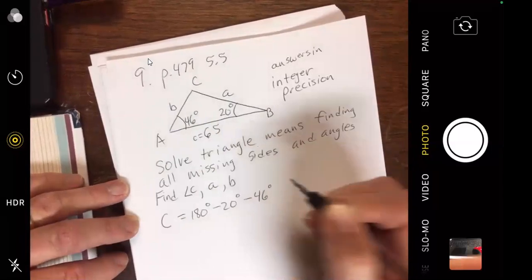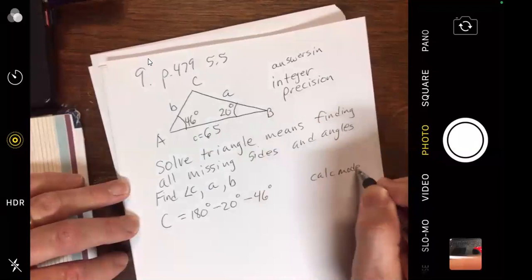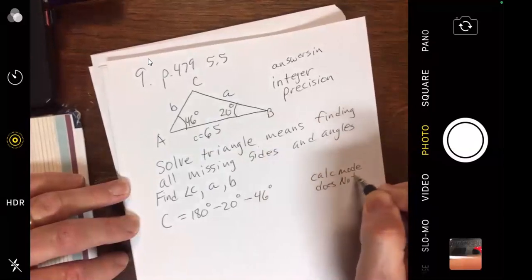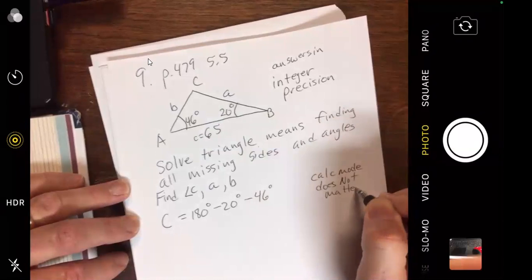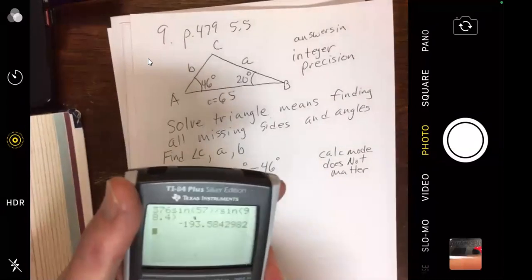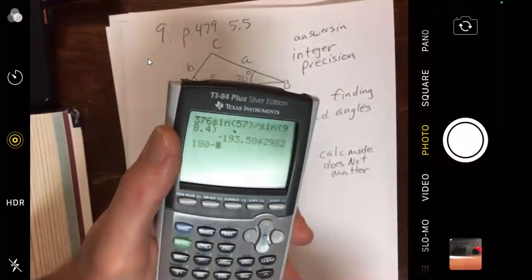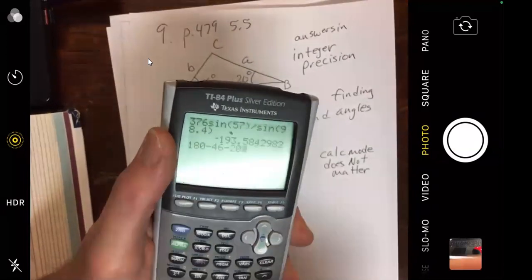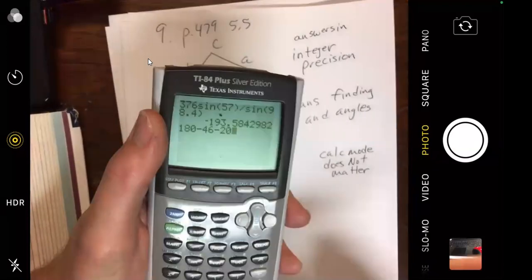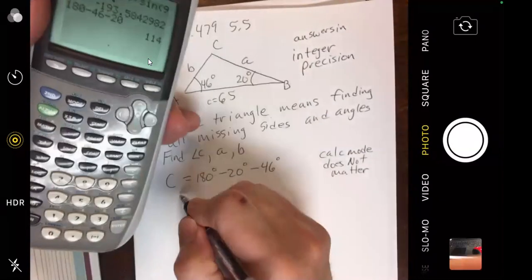Remember, calculator mode doesn't matter. You're just doing numbers, and whether this is in degrees or radians, you'll get the same answer. Minus 46 minus 20, and 114 degrees.